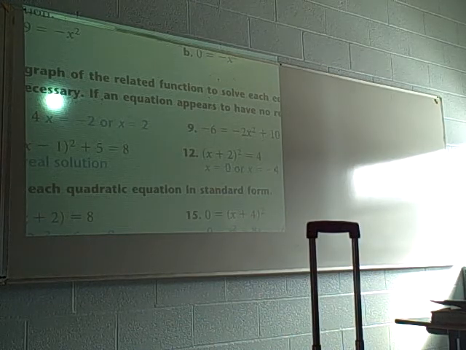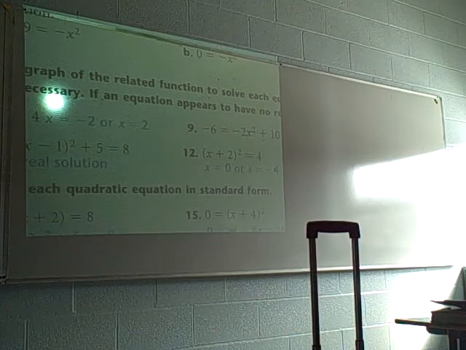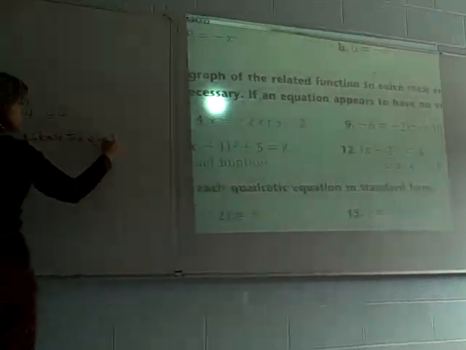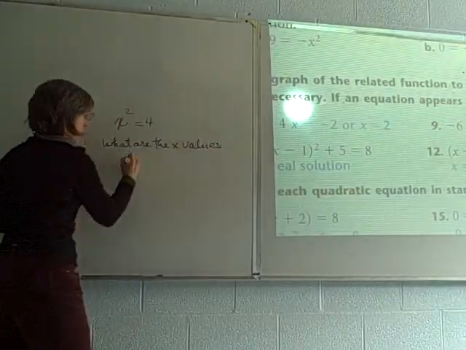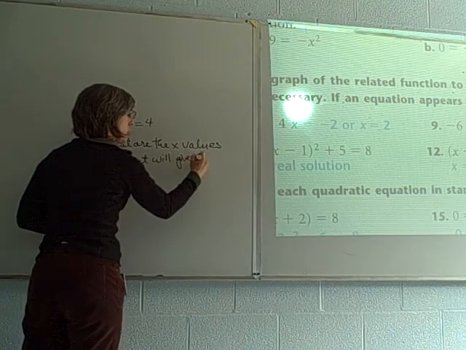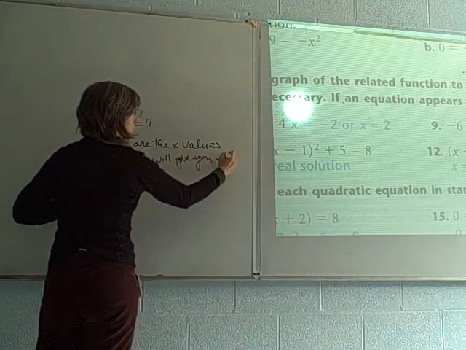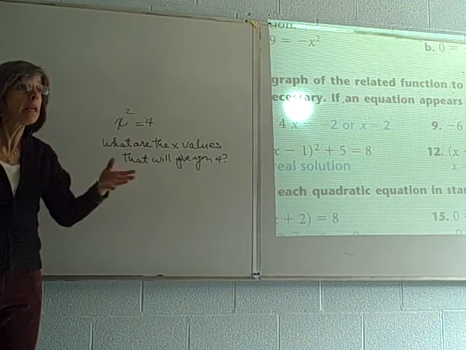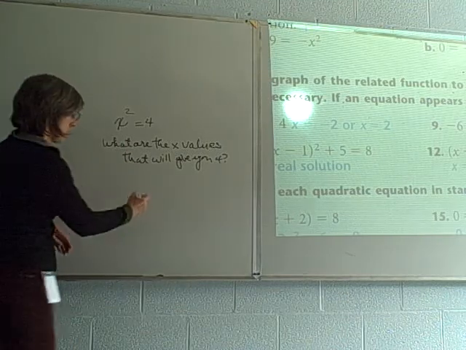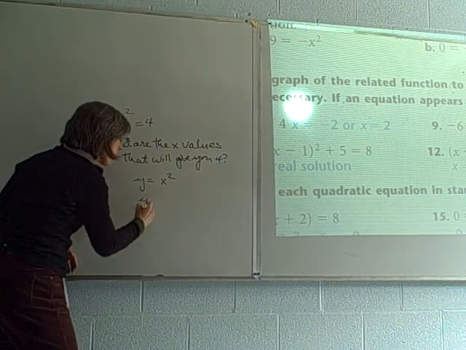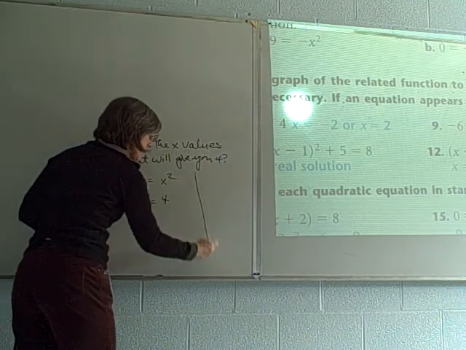Kristen? For which value of x squared... This is asking what are the x values that will give you 4. And so we graph y equals x squared, and we can also graph y equals 4.